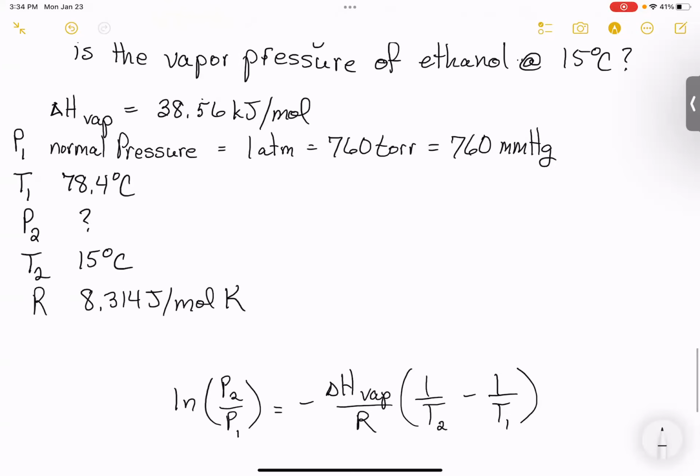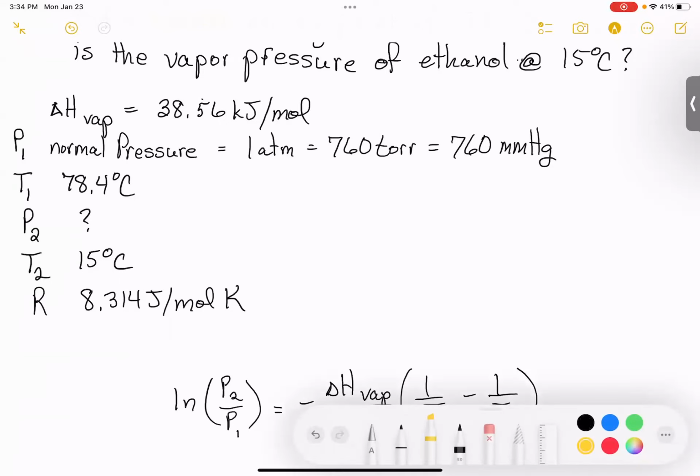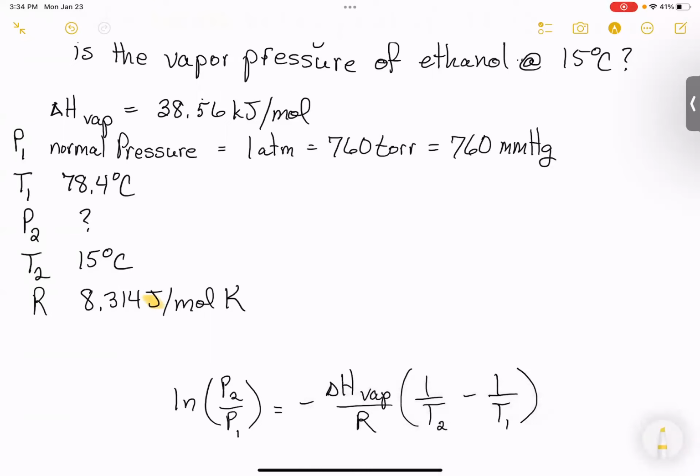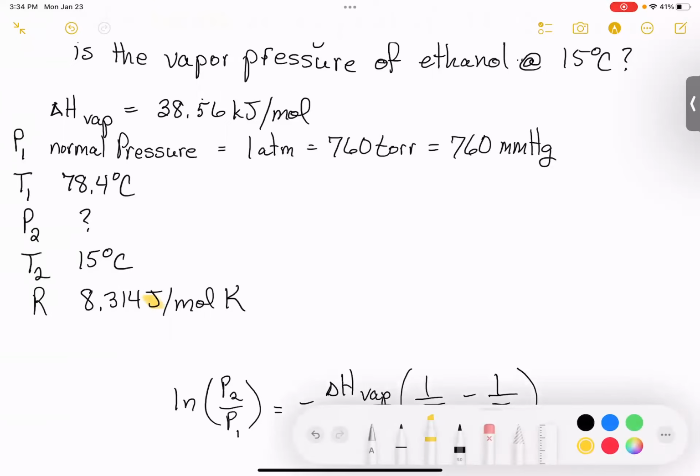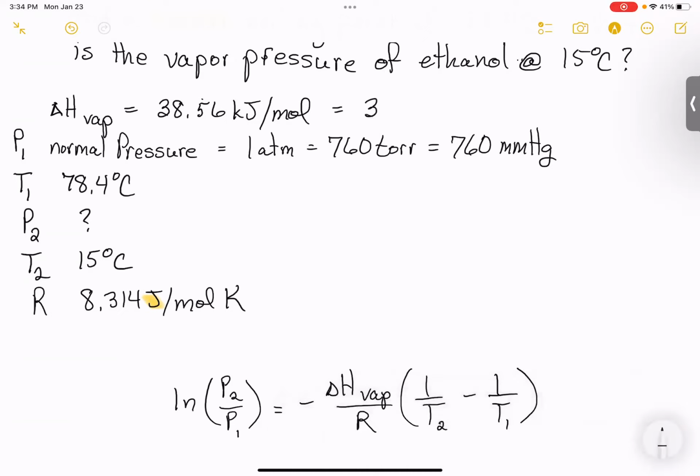So your delta H right now is in kilojoules per mole. That won't work. You have to have it in joules per mole, based upon the dictator. So you need to convert that kilojoules into joules, which is 38,560 joules per mole.